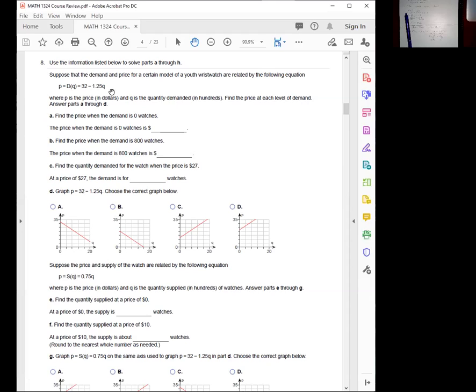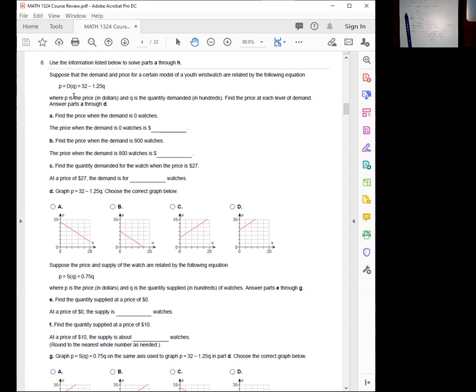Okay. It has way too many parts, but let's look at it. Suppose the demand and price for a certain model of youth wristwatch are related to the following equation, where P is the price and Q is the quantity demanded. Find the price at each level of demand.